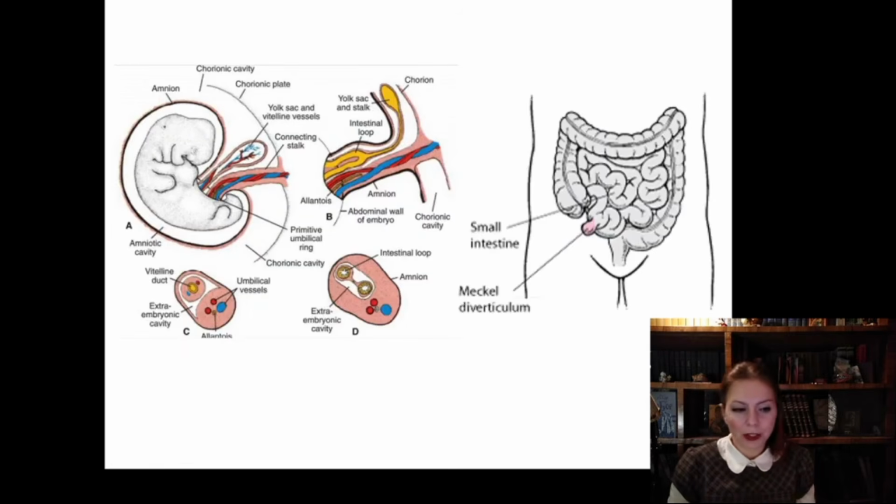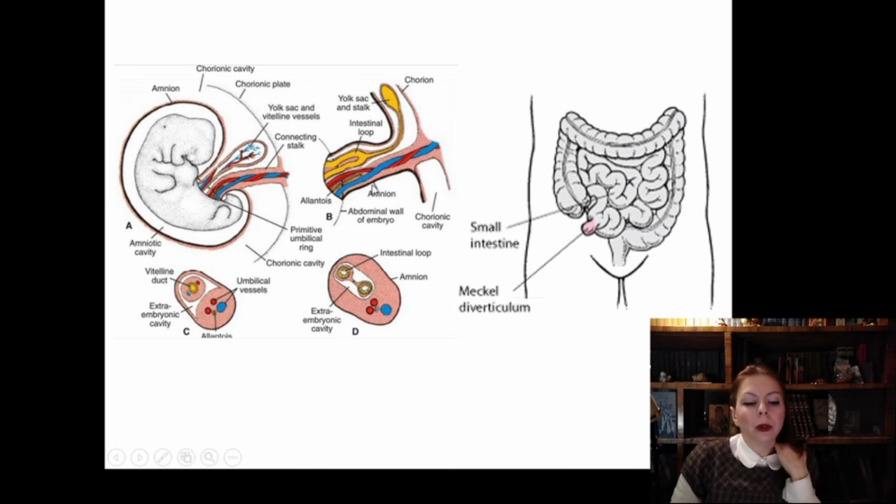Okay, let's first, I'm sorry, I just forgot to send you some information. So in the embryo, yolk sac is formed out of the mid-gut, the mid portion of the future digestive system, and sometimes we can find the yolk sac in the umbilical cord, but sometimes together with the yolk sac a part of intestine is involved, and so-called Meckel diverticulum is formed.